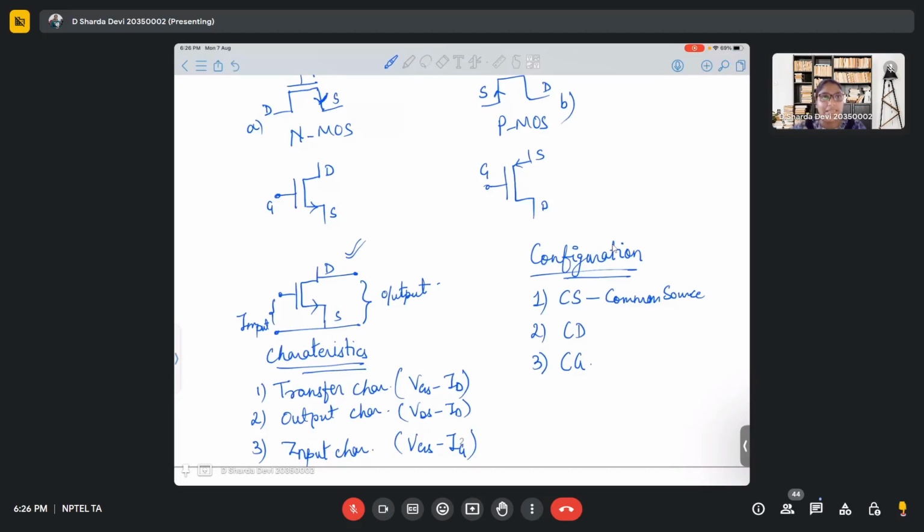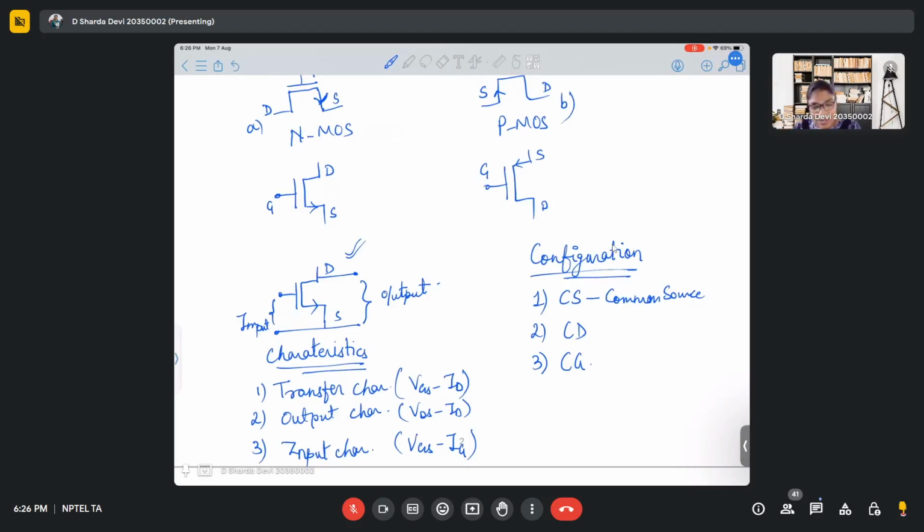CS, because here source is common between the two terminals, right? Now, if I somehow make my drain common, then it will be common drain, which is CD. And if I keep my gate as a common terminal, then it will be CG.